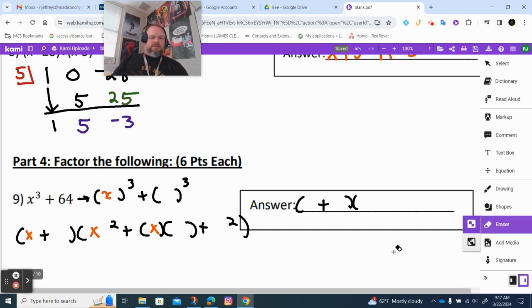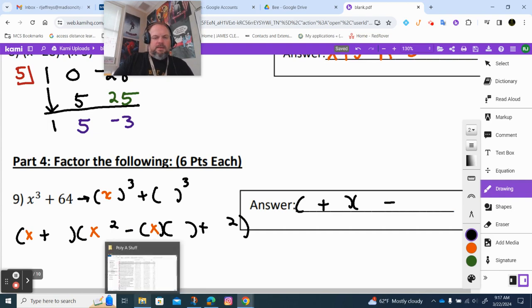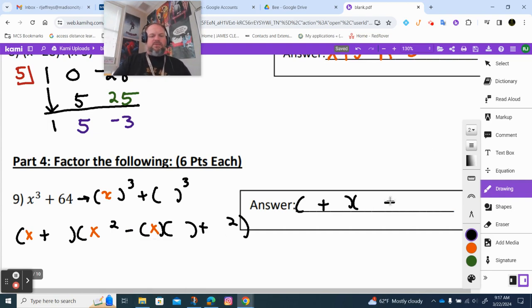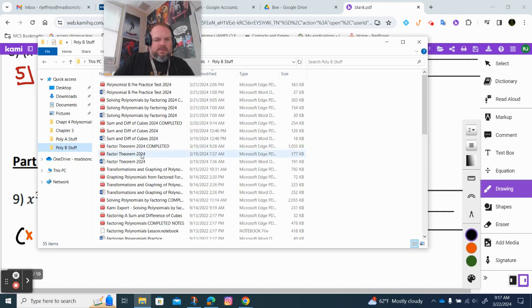That should be a minus. Isn't that? Yeah, the first one in the trinomial is negative.